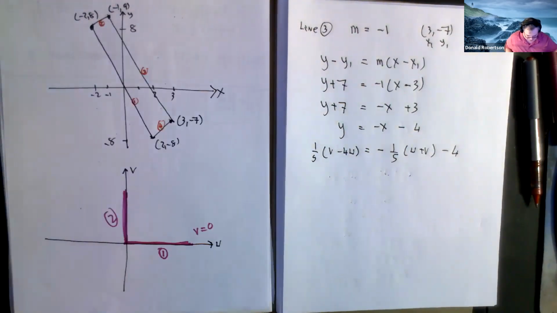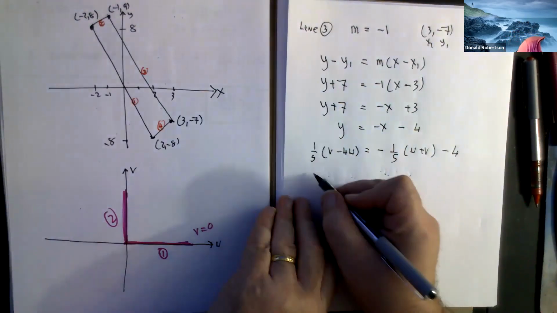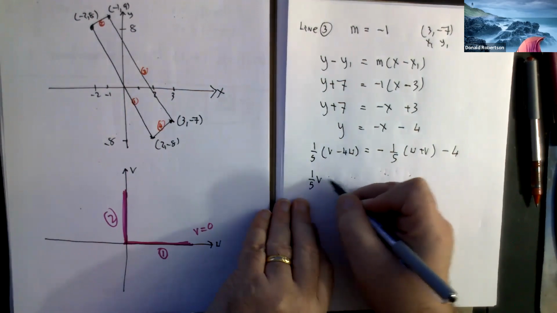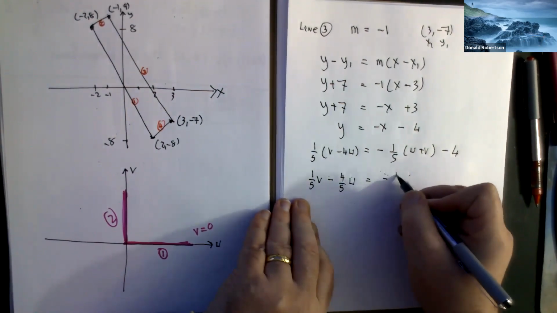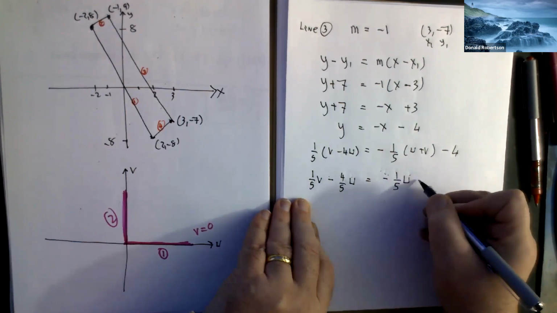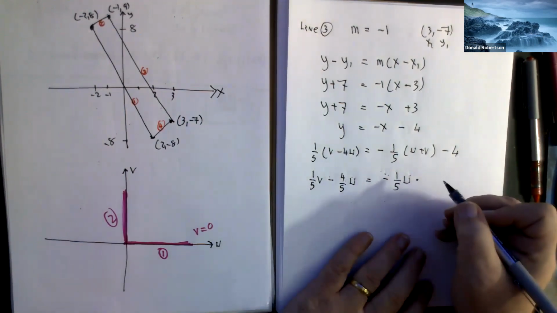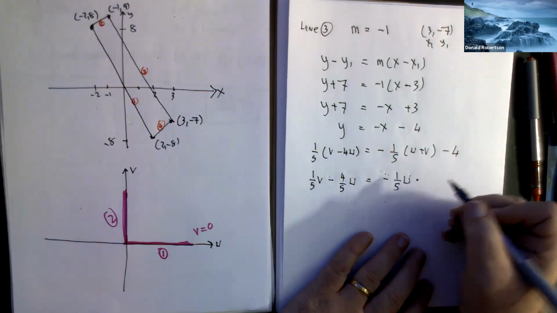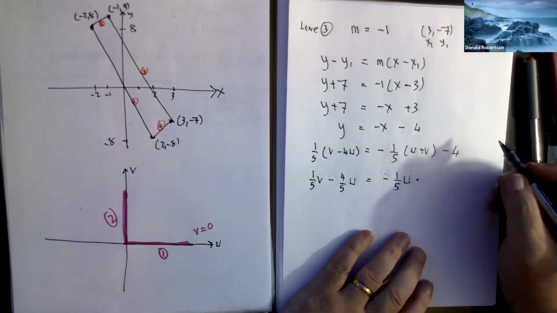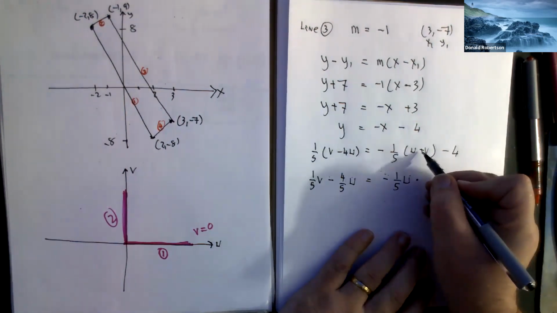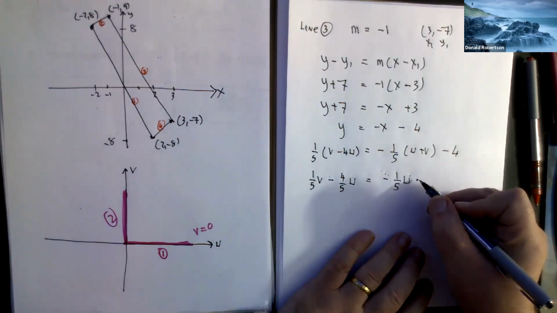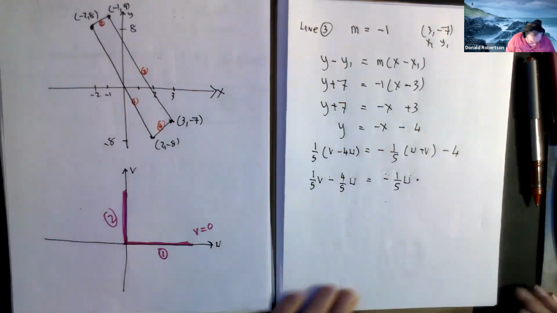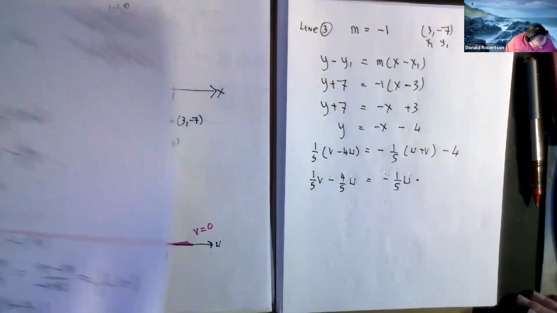And so here we go. 1/5 v take away 4/5 u equals -1/5 u. Did I change anything there? I did. That's a minus. Okay, we're cool. Now I want one of those two to cancel out.